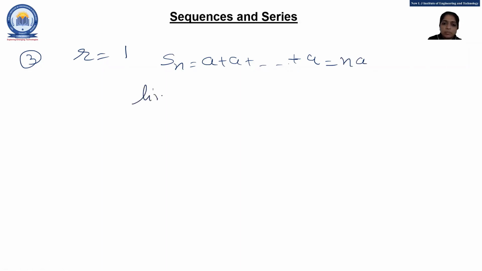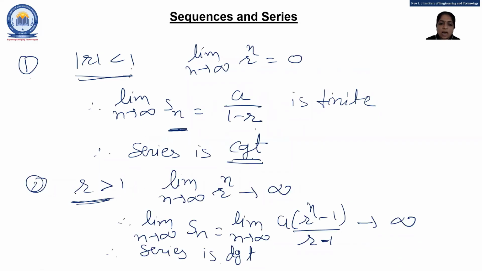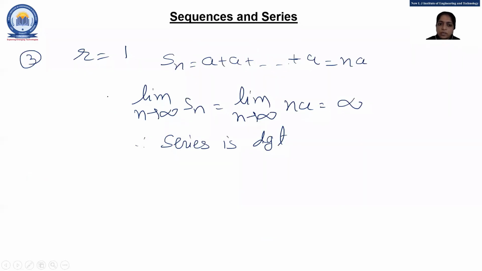Now, the limit of n tends to infinity Sn, that is limit of n tends to infinity na, and if I apply n tends to infinity, it is equal to infinity. So here Sn tends to infinity, it means the series is divergent. So students, if the ratio is greater than 1, then the series is divergent. And if R is equal to 1, then also your series is divergent.